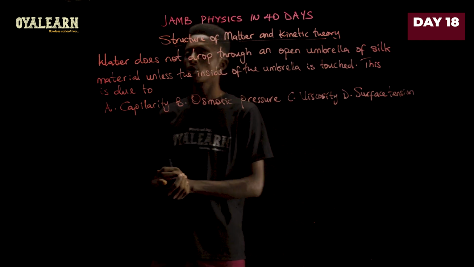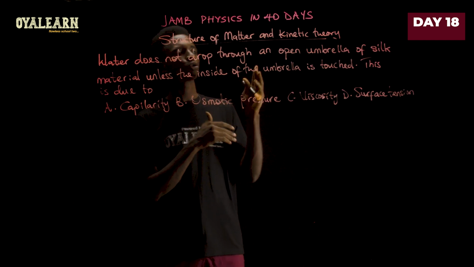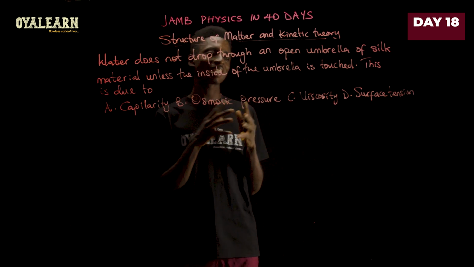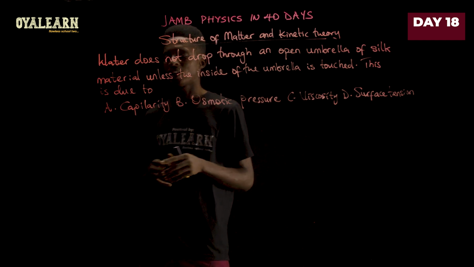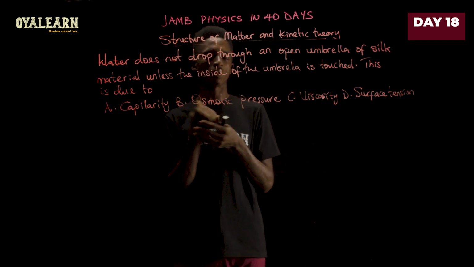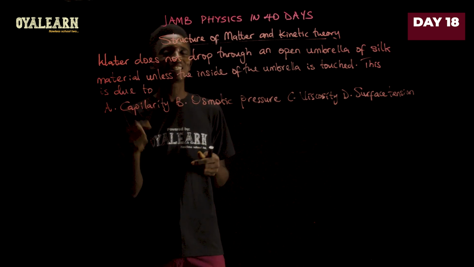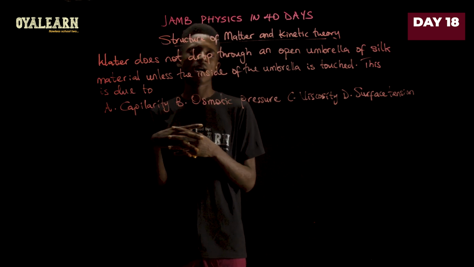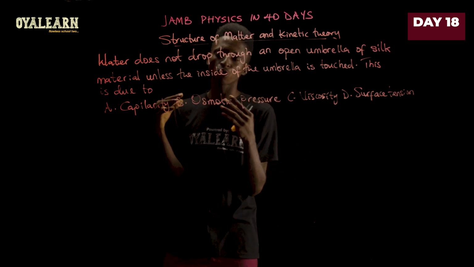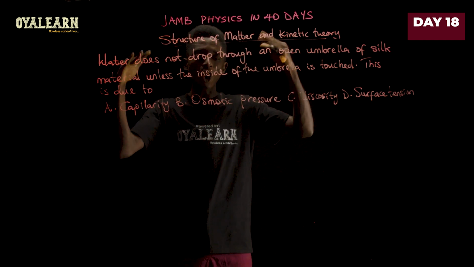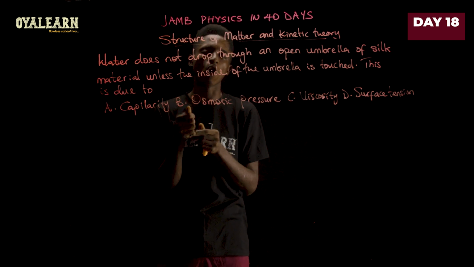In this question, we are told that water does not drop through an open umbrella of silk material unless the inside of the material is touched. Now, we are then asked, this is due to what? Now, when water is dropping on a silk material umbrella, what happens is that the surface tension will cause the water to just be as tiny drops on the material of that silk umbrella.